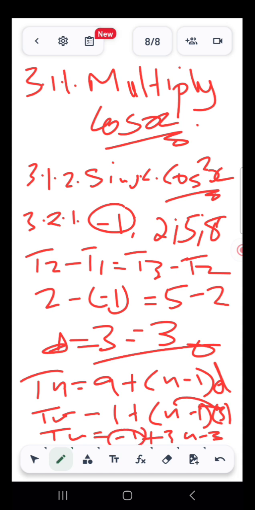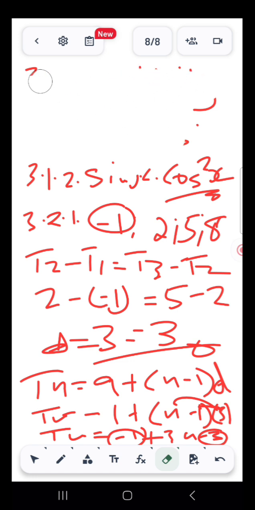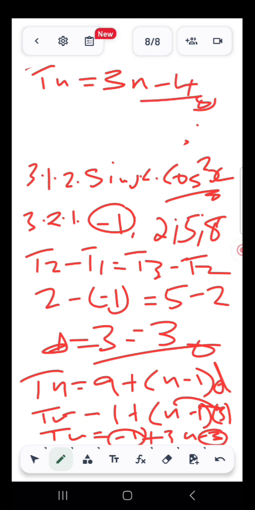Collect like terms, -1 minus 3. Our final answer becomes Tn equals 3n minus 4. Now this is our general term.